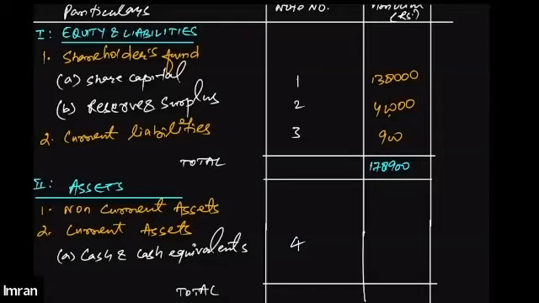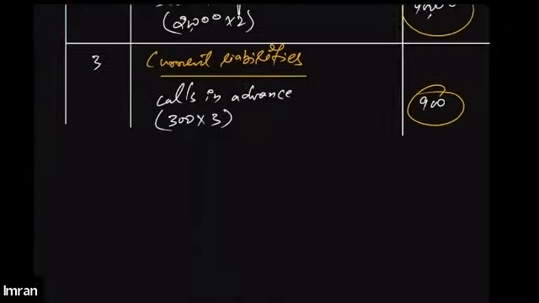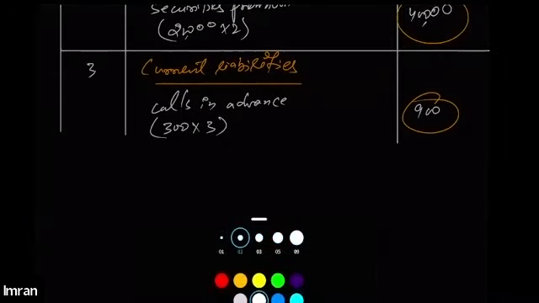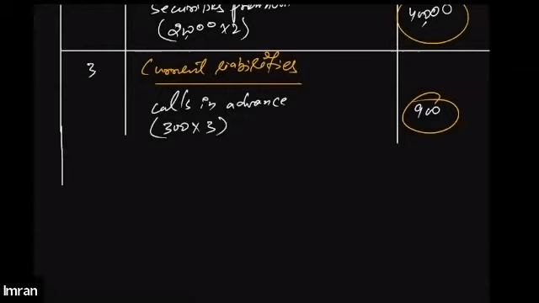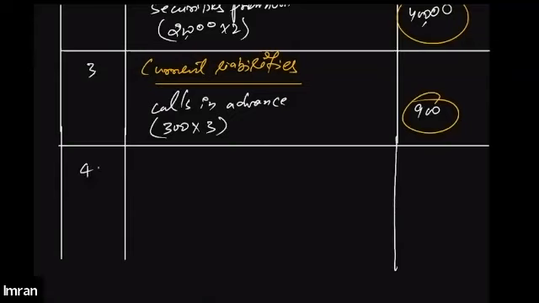And now let's talk about the notes to account number 4, which is cash and cash equivalent. We already know. If you want to make an extra note for that, in fact, you will have to prepare an extra note. Notes to account number 4, for the cash and cash equivalent.